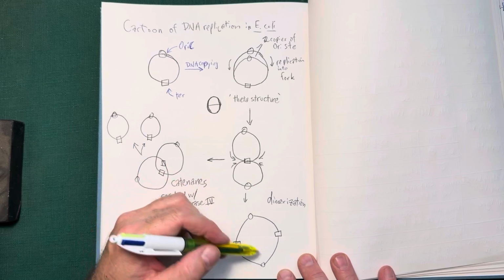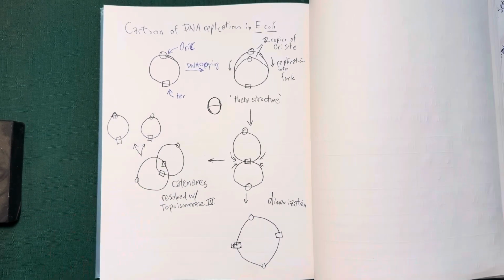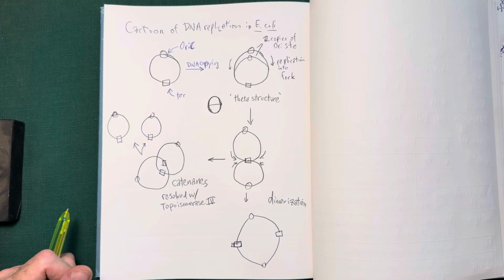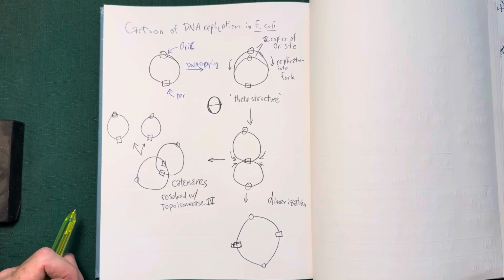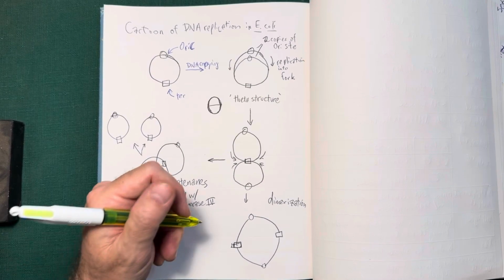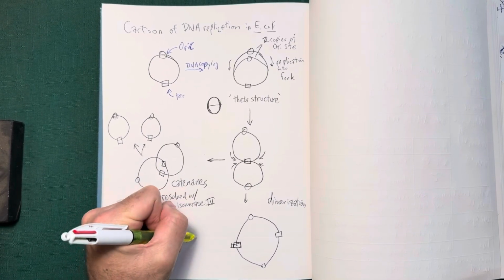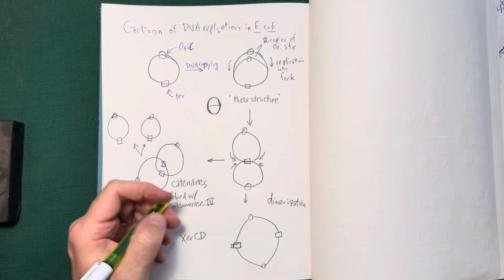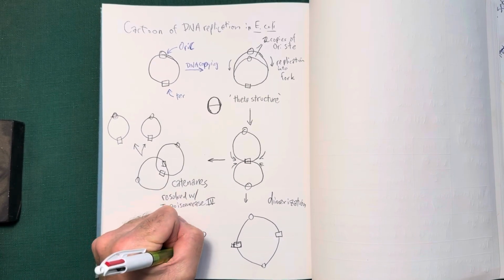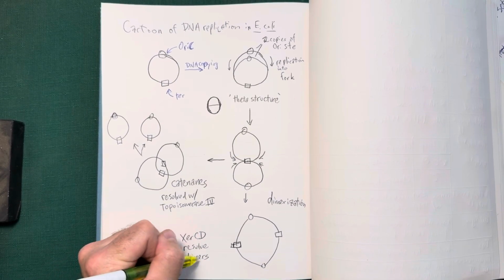So we've got our two origins and two terminator sites, but we've ended up making one big loop of DNA with two copies of the genome in it. And so how do we get those apart? We're going to need to use another enzyme, XerCD, which is going to resolve the dimers.